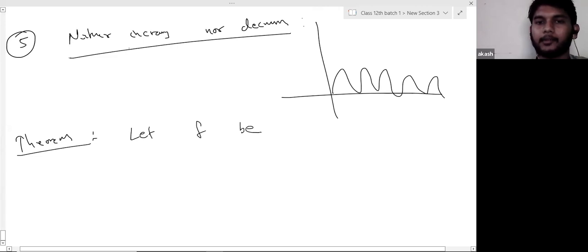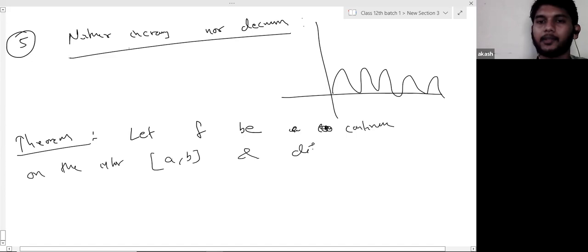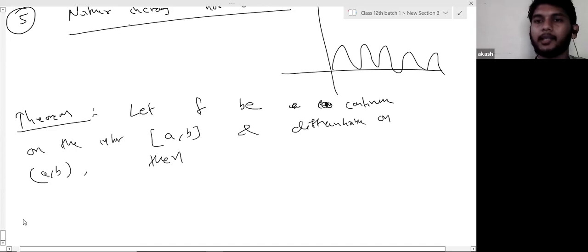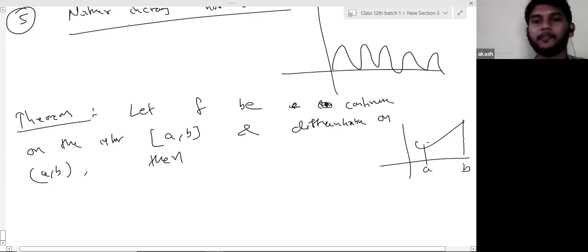Let f be continuous on the interval a to b and differentiable on a to b. Then what they are saying? They are saying let f be any function from a to b, which is continuous and differentiable.